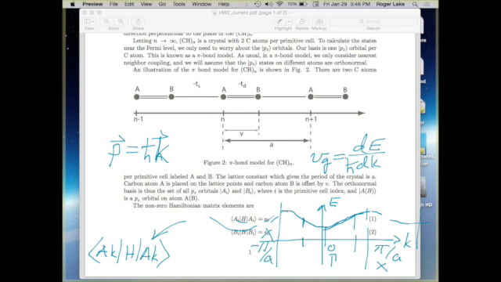But that gives you the same thing, because over here the slope is positive, and over here the slope is negative. So the Brillouin zone is essentially this. It's one cycle.